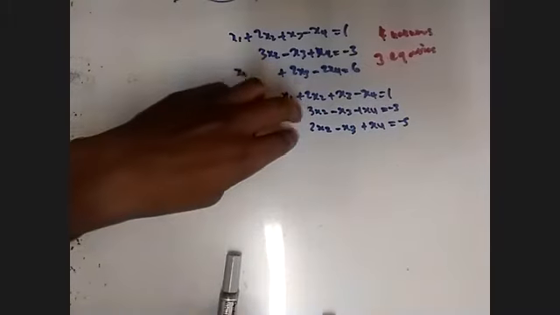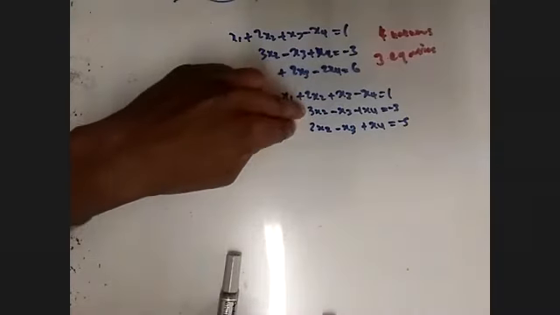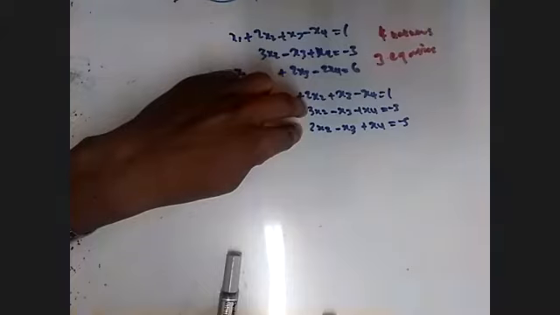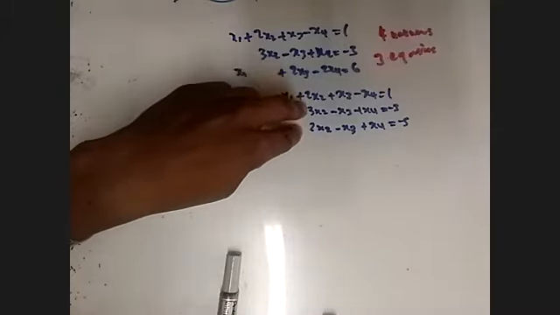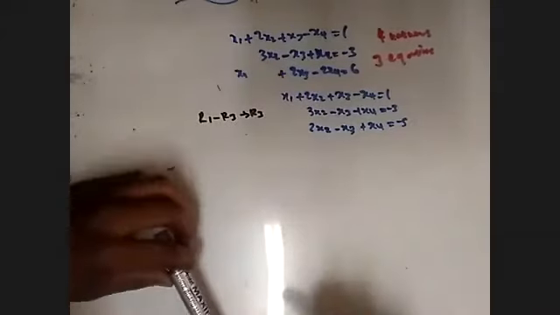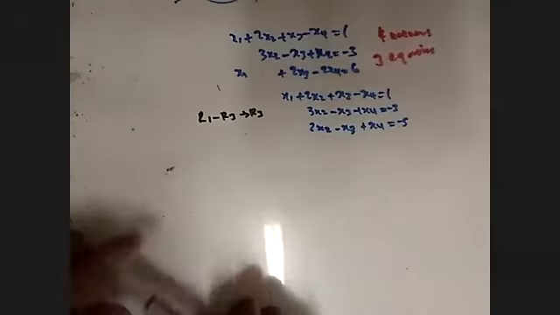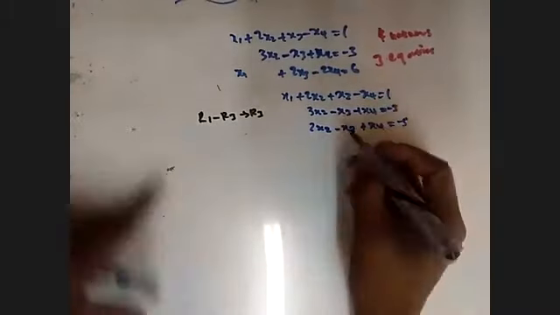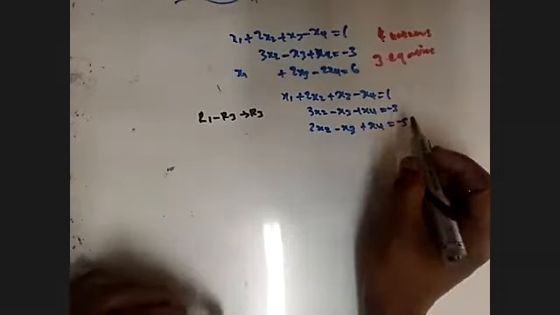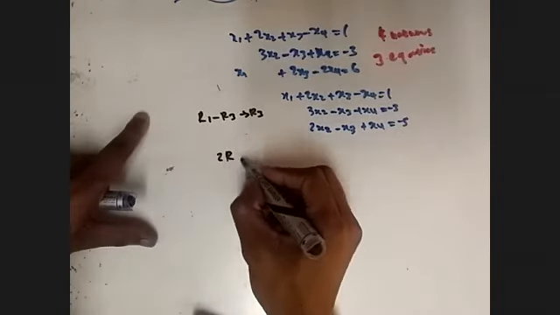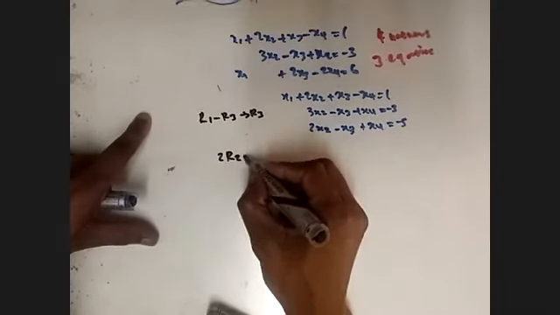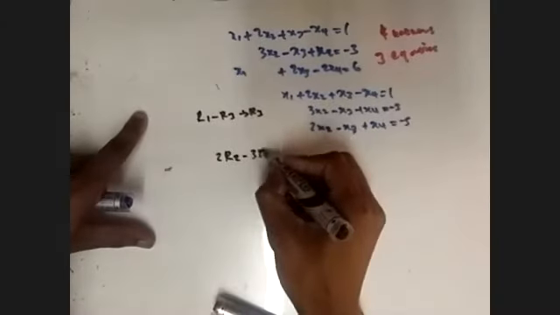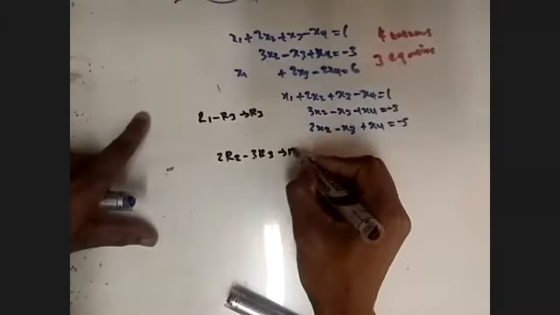Okay, the only way for me to take out x2 is if I multiply these and add by their respective coefficients. So if I multiply by the respective coefficients, I'm going to have 2 times R2 minus 3 times R3, which should give me R3.